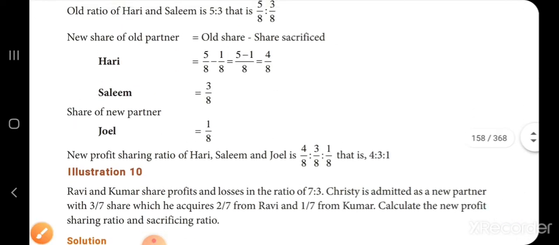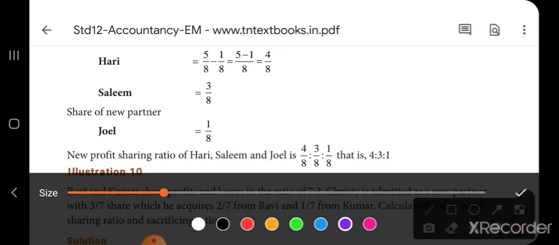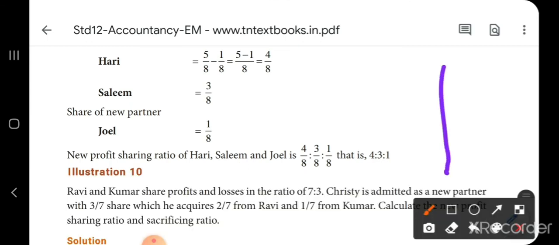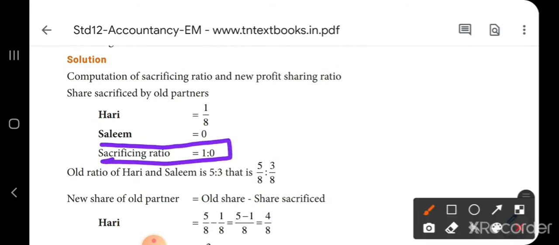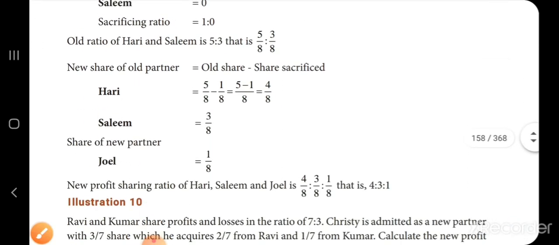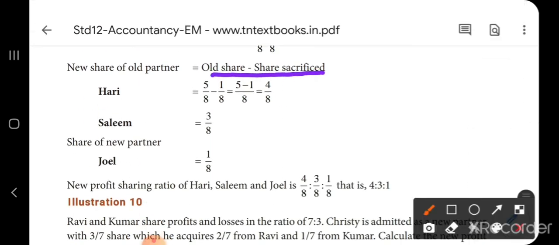Now see here. Sacrificing ratio is 1:0 and old ratio is 5:3. That is 5 by 8 is to 3 by 8. I told you the formula for new share is equal to old share minus sacrificed share. So what is the old share for Hari? Hari's old share is 5 by 8 and how much has he sacrificed? 1 by 8.